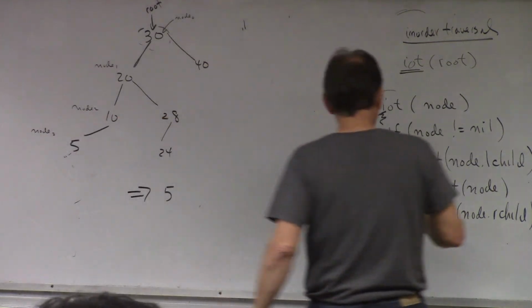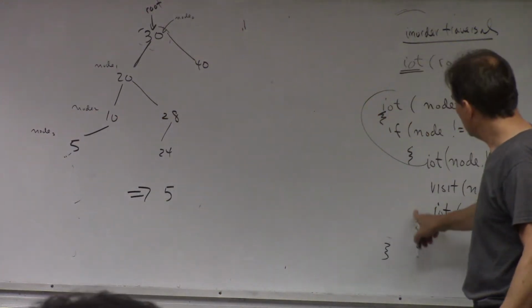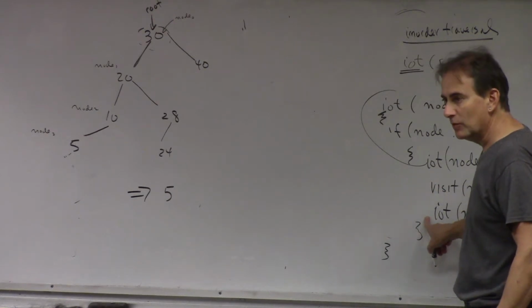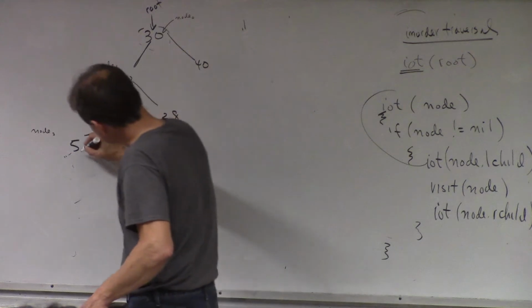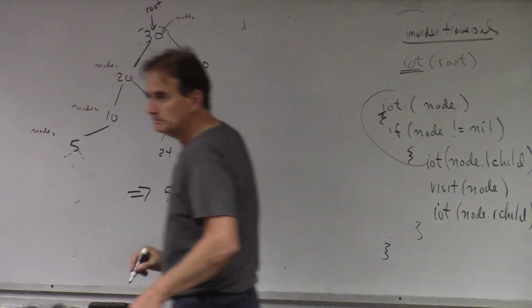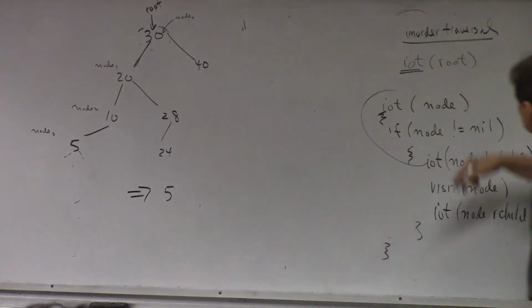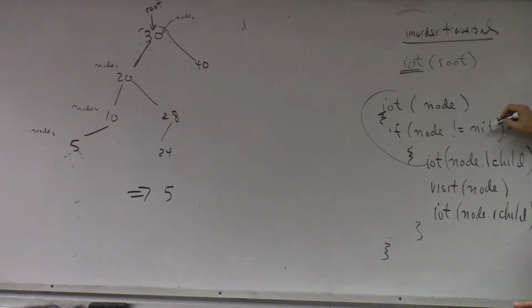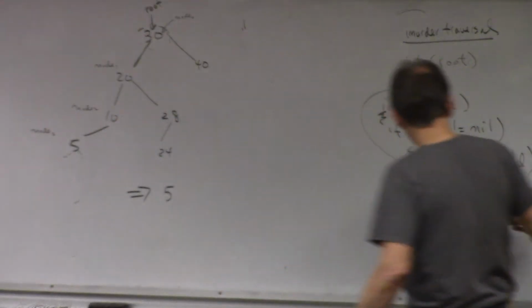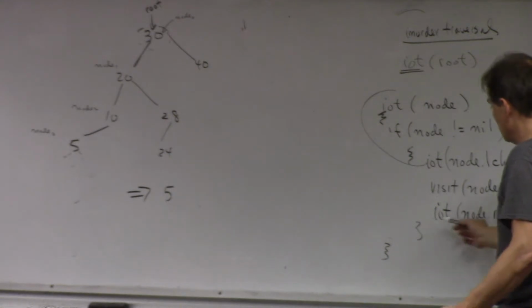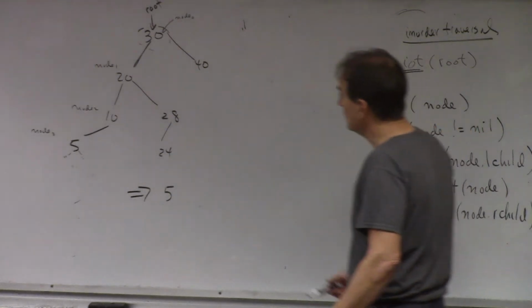What level are we in? We're at level 3. And now we're going to go to IoT level 4 with the right child of the 5. The right child at level 4 will be nil, condition is false. Level 4 will return to level 3. Last time we were at level 3, we went to the right. So we're done.